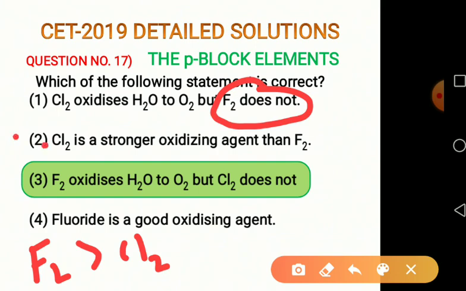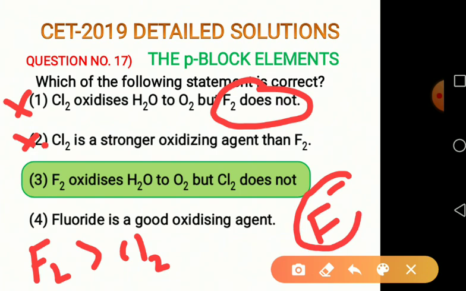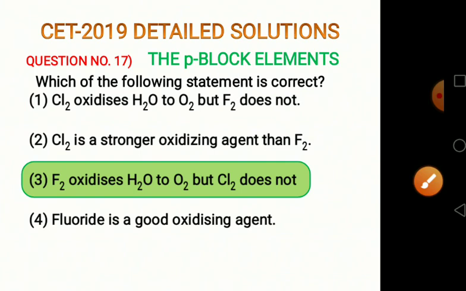Cl2 stronger oxidizing agent, this is also not possible. Fluoride is an oxidizing agent, they have given. This may confuse us a little. Fluoride is, remember, F minus. Fluoride F minus is never a good oxidizing agent. So the answer for this question is F2 oxidizes S2O3 2- but Cl2 does not.